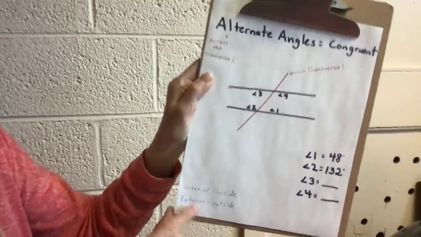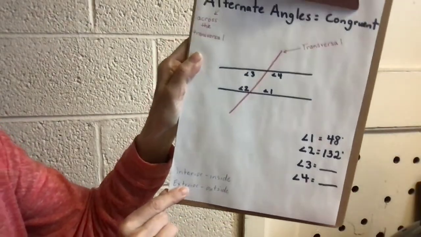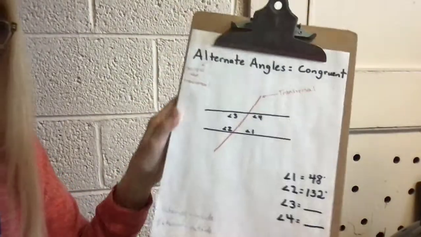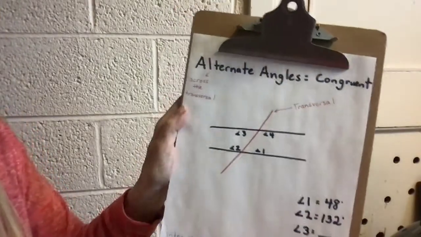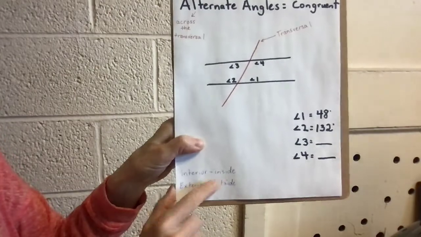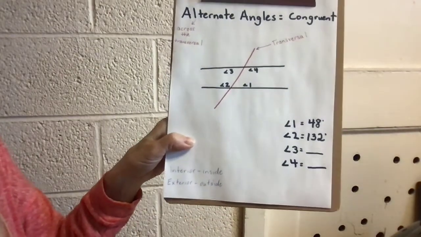And then the exterior, or the outside, would be 3 and 2. Okay, I only need you to know across the transversal alternate. But it's good to remember that interior means inside and exterior means outside.